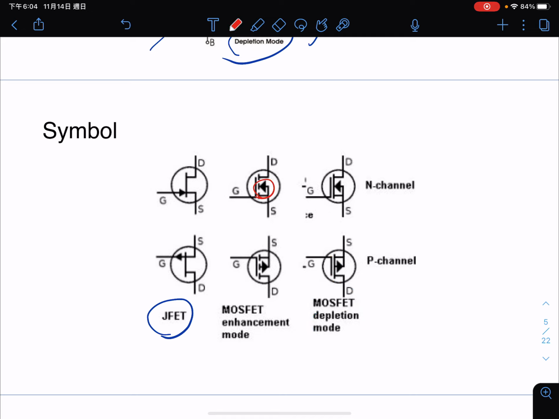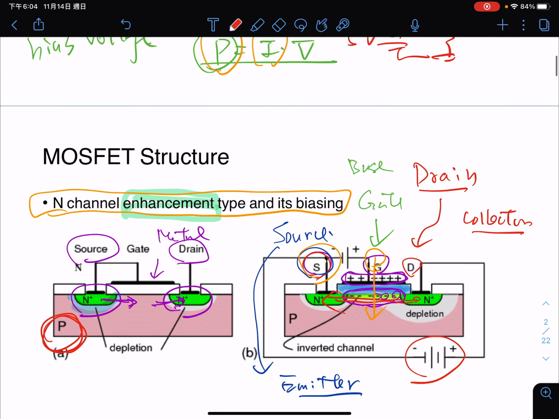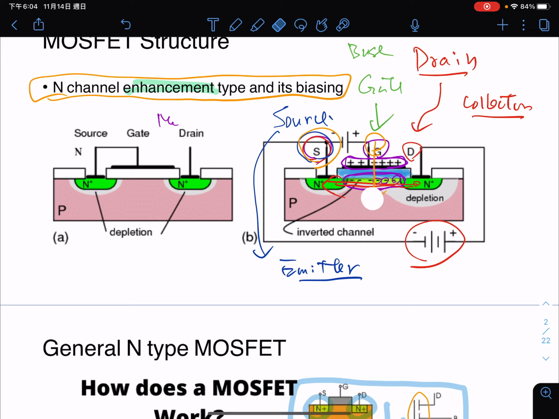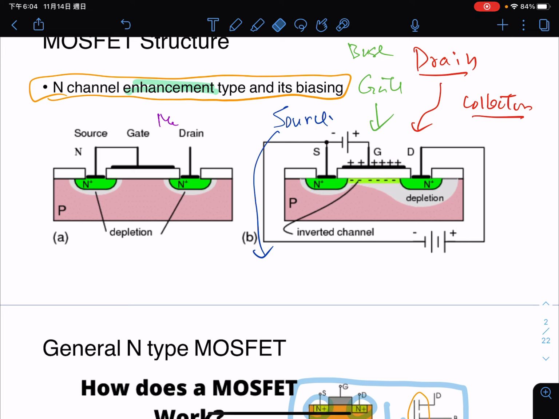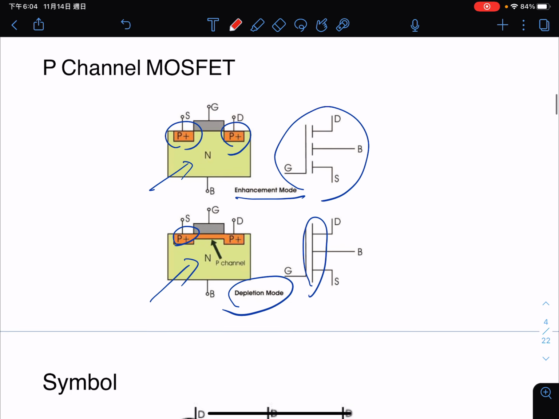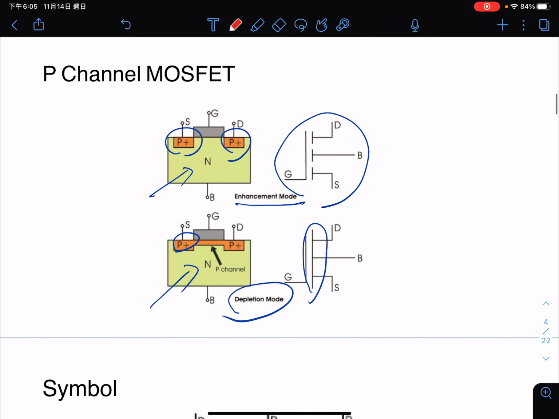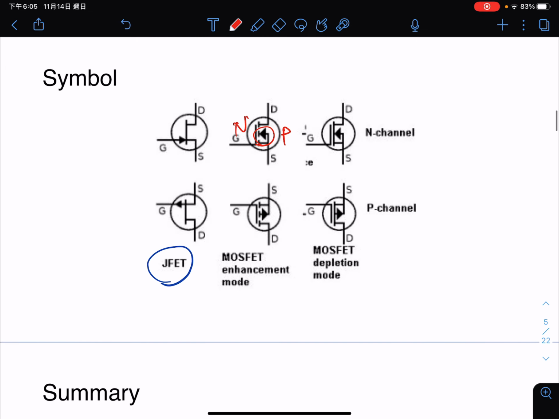The way to identify whether it's an N channel or a P channel is using the arrow here. In an N channel, we create the N material here, and this is P, so the arrow points from P to N. Similarly, for the P channel MOSFET, we create the P material here, and the arrow points from the gate to the outside.